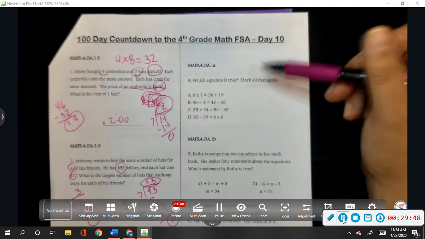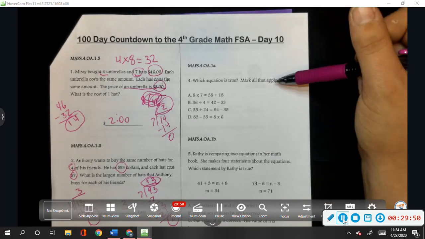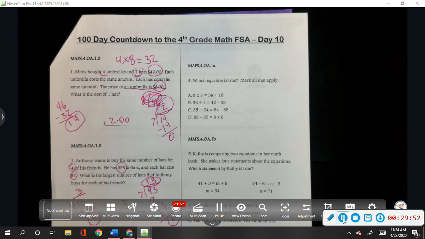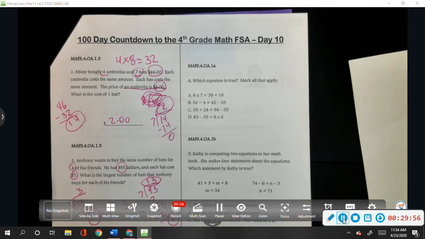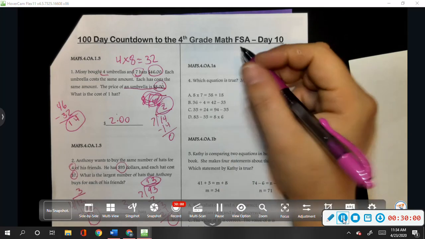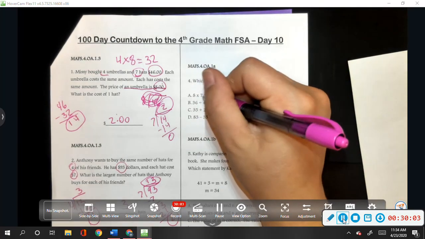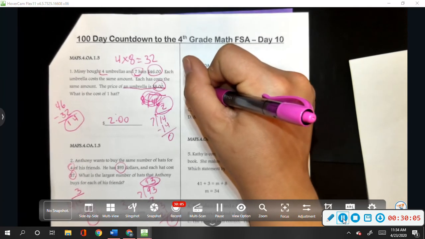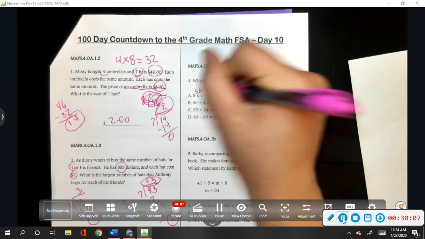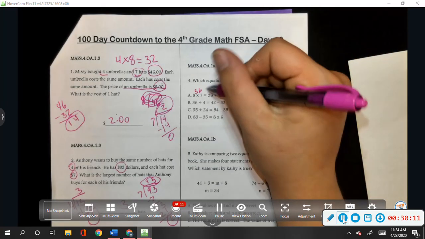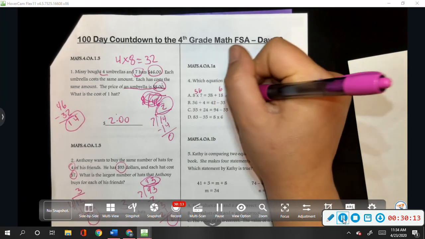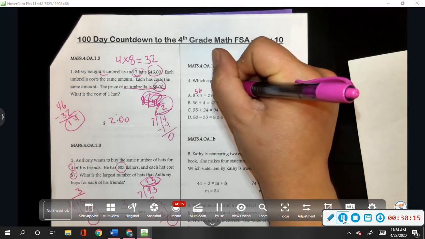Number 4. Which equation is true? Mark all that apply. So, if we have 8 times 7, which is 56, and we have 38 plus 18, 8 plus 8 is 16, carry the 1, 3, 4, 5.